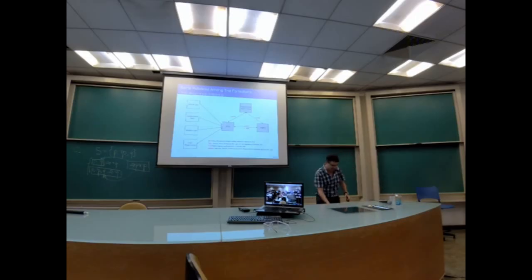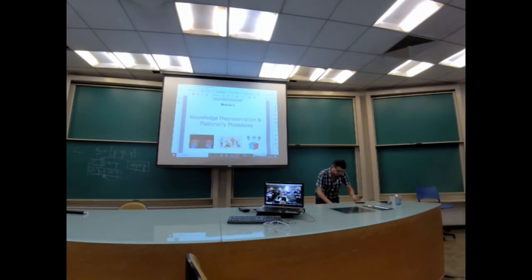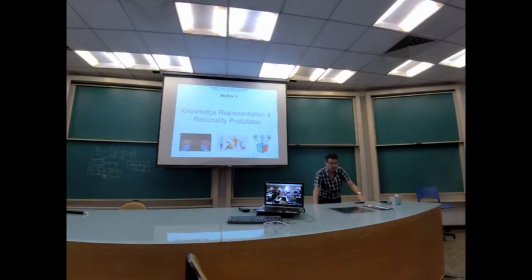Okay, this completes the 2nd module. Let me now turn to the 3rd module. Now that we are familiar more or less with different approaches to logical argumentation, let's consider some knowledge representation issues and rationality postulates.